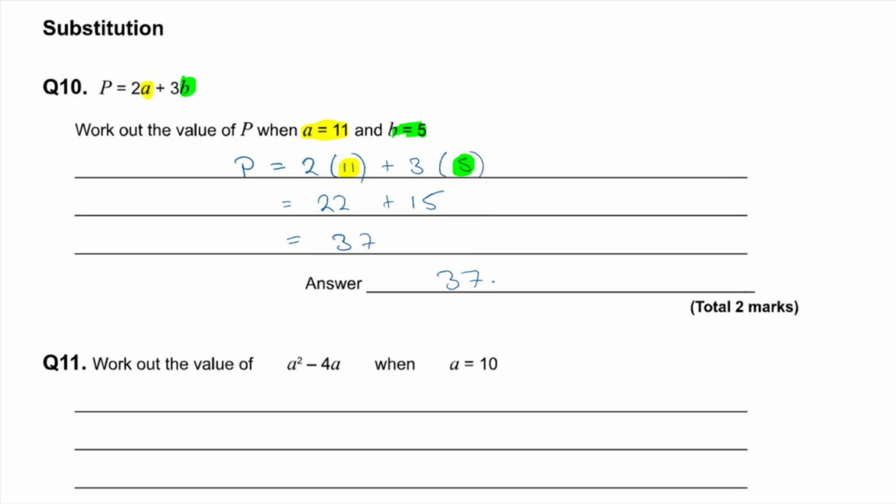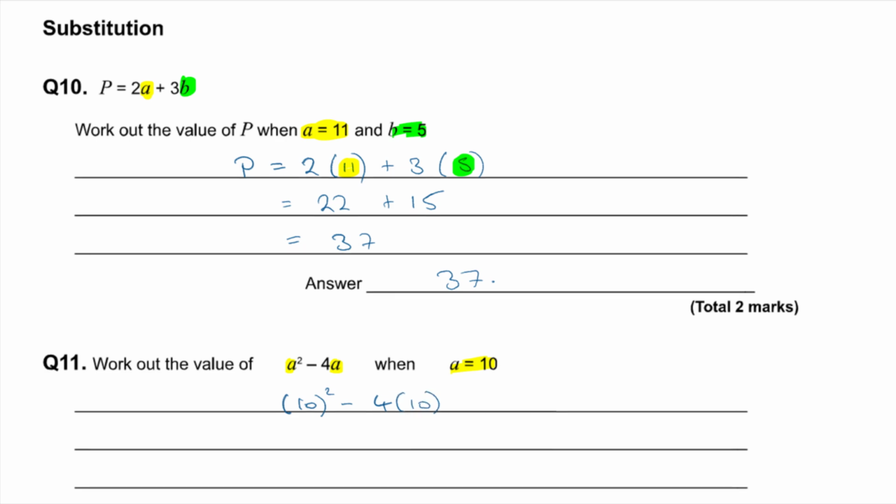Question 11, work out the value of a squared minus 4a when a is 10. Okay, so I'm replacing a in 2 positions this time. So my value of a is equal to 10 is going to go here and it's going to go here. So first, a squared becomes 10 squared minus 4 lots of 10.